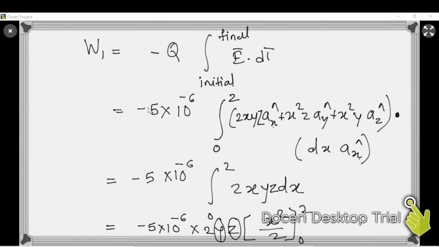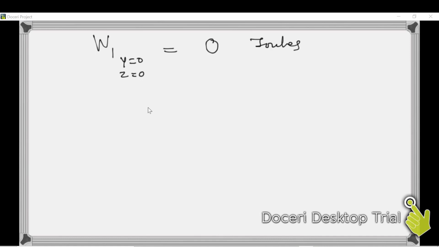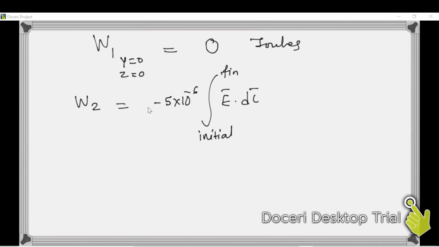So now let us go towards the second segment. So second, W2 is equal to minus 5 into 10 raised to minus 6 integration of E bar dot dl bar, and it is from the initial point. Now in this case the initial point and final point will change.